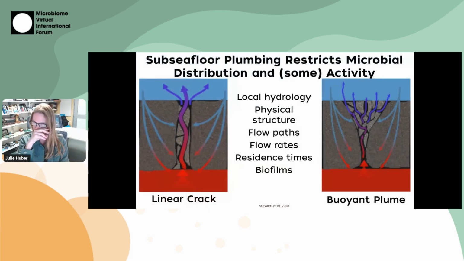And another interesting thing that we've been finding is that while we see big patterns across different sites, this plumbing and chemistry of the system is really impacting microbial distribution and activity.